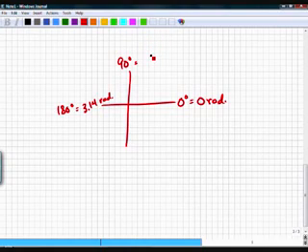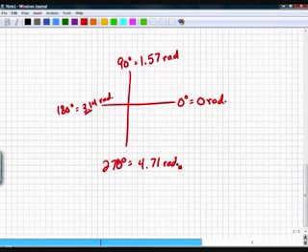Half of that, 1.57. Then 270 degrees would be 4.71 radians. And back around, 360 degrees is 6.28 radians. Any questions?